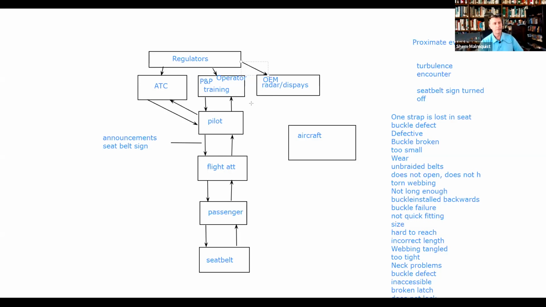And then similarly, if we look at the feedback, we have ATC feeding back. What kind of feedback is the regulator getting from these different organizations? And why might that feedback be inadequate? Because in order for them to properly regulate, they need adequate feedback. And so there we have another related issue.